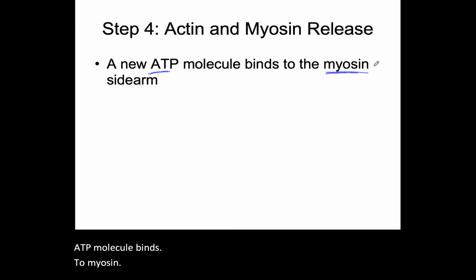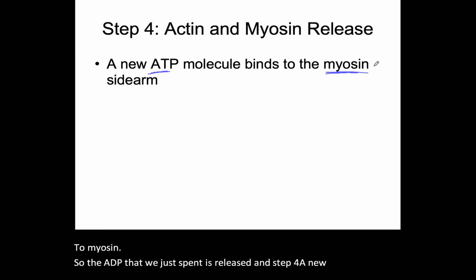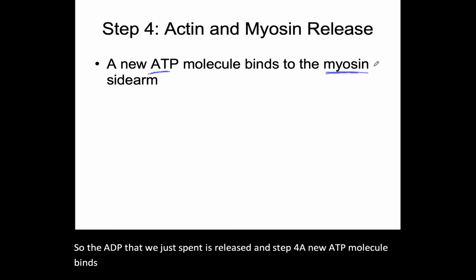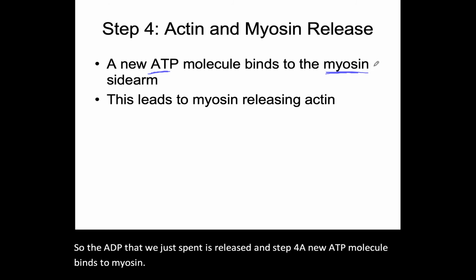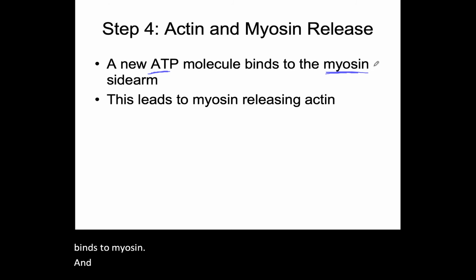So the ADP that we just spent is released. In step 4, a new ATP molecule binds to myosin, and that leads to myosin unattaching from actin. It releases actin.